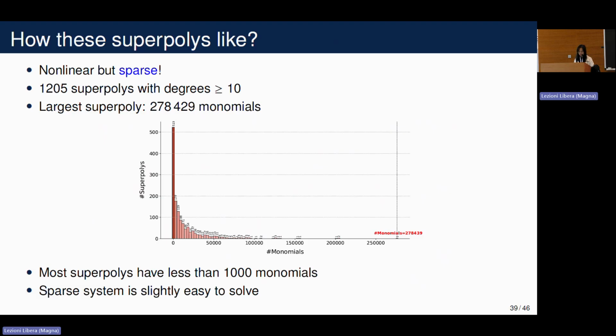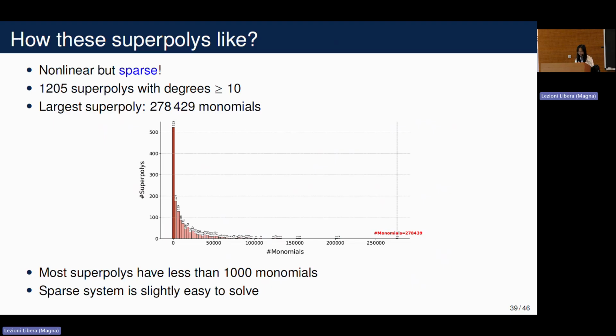Why do we say our system is sparse? Because the total degrees are high, and the largest superpoly has 278,000 monomials. According to our experiments, most superpolys have less than 1,000 monomials.